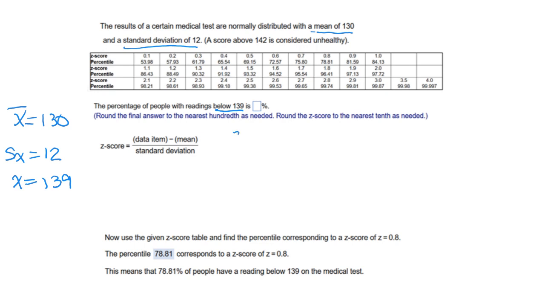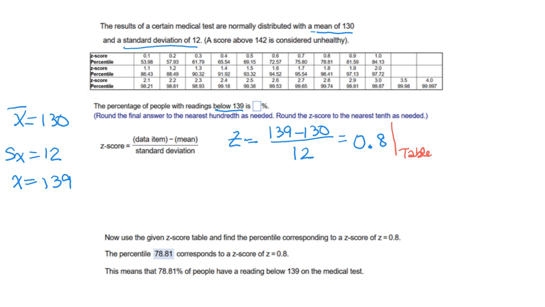So the z-score to calculate is going to be 139 minus 130 divided by 12. And when you place this into your calculator, we result with 8/10. And then from 8/10, I'm going to put this little line right here and say, go to your table now.